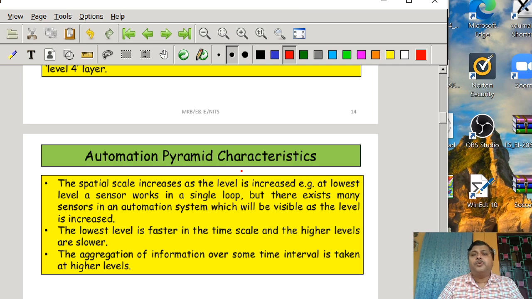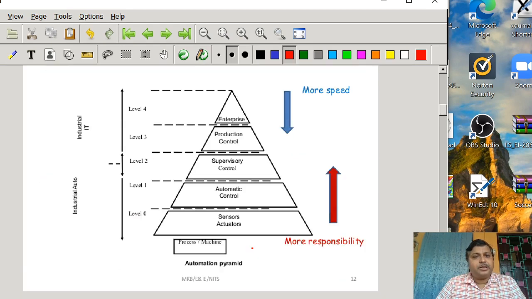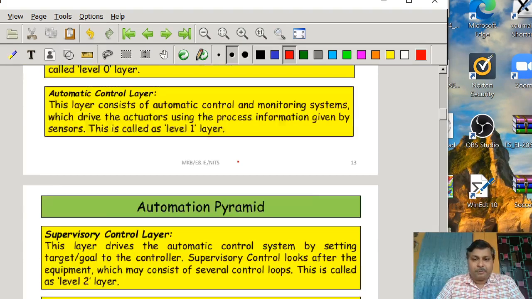He is not going to look day by day at what happened to flow control loop 1 or temperature control loop 2. He is going to understand in a year or in 6 months what the loss, the profit, the demand, and the cash flow are. So definitely he takes the aggregation of information over some time interval, as he is sitting at the top level as top level management. So this is the automation pyramid, and it is very important, because many things can be discussed in future if you remember it.